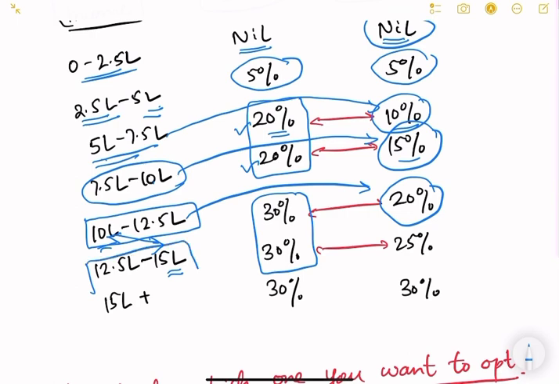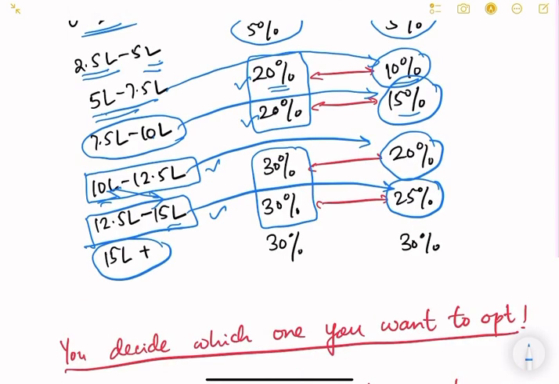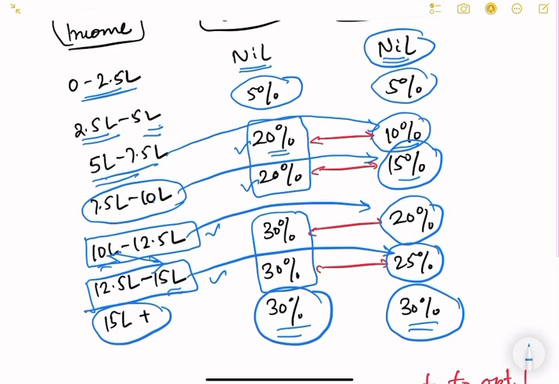And for 12.5 lakh to 15 lakh, the new tax rate is 25%. So again, there are two slabs and the tax rate has also reduced. For more than 15 lakh, in the old tax regime it was 30%, and in the new tax regime it is also 30%. So you can see that more slabs are present in the new tax regime and the income tax rates are also lower here.